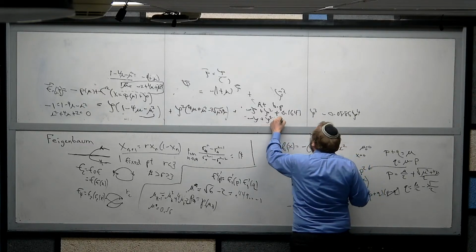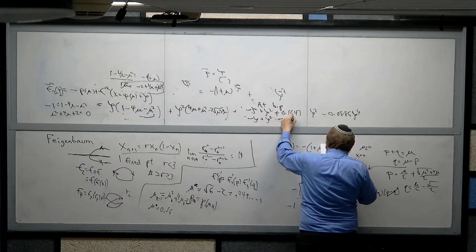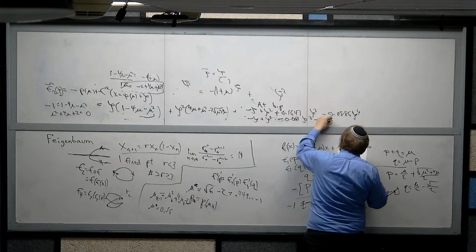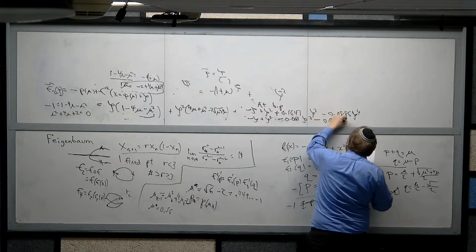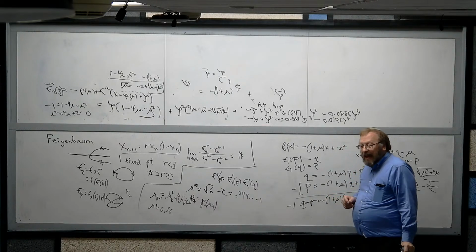And now when you go through the exercise, this is minus 0.0611 zeta cubed minus 0.0192 zeta to the fourth, if I did it correctly. All right?